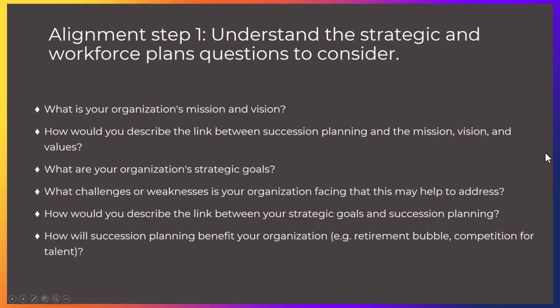Alignment step 1, understand the strategic and workforce plans, questions to consider. What is your organization's mission and vision? How would you describe the link between succession planning and the mission, vision, and values? What are your organization's strategic goals?